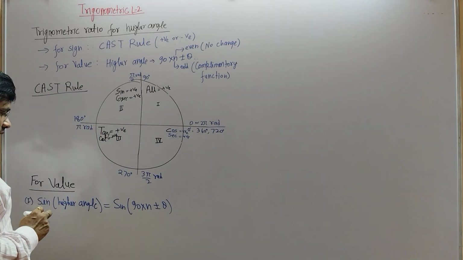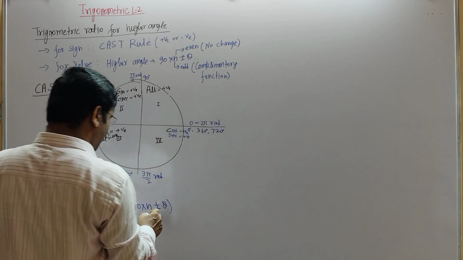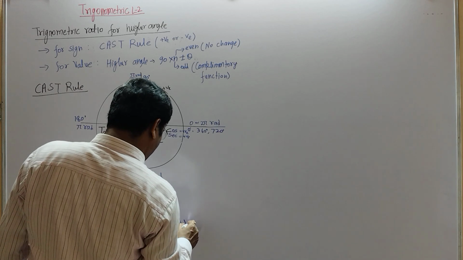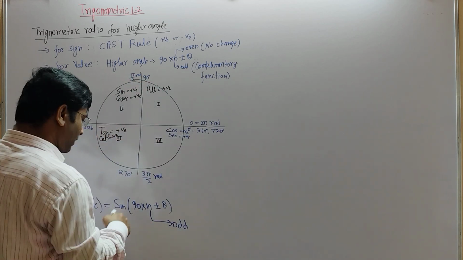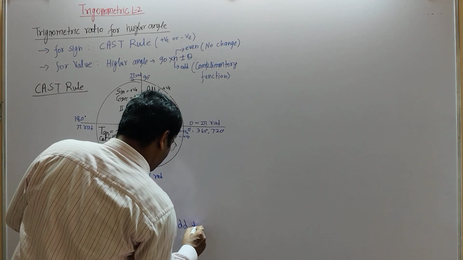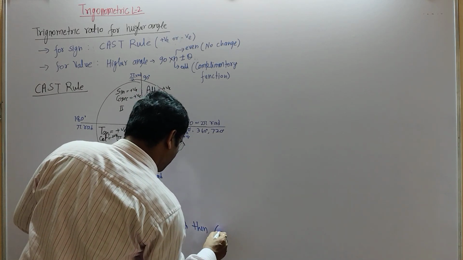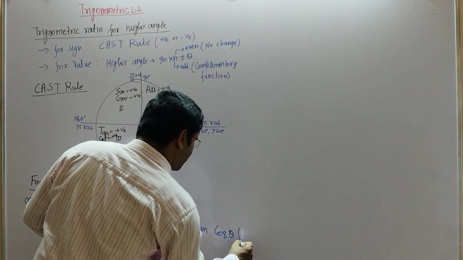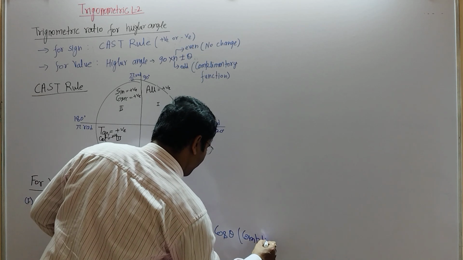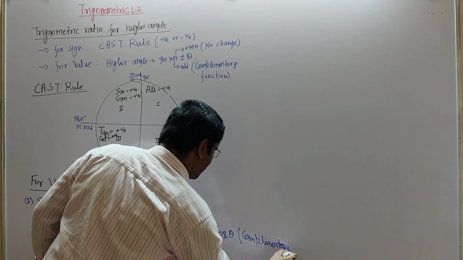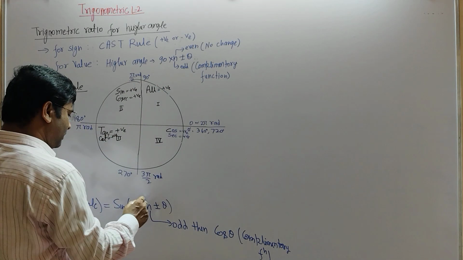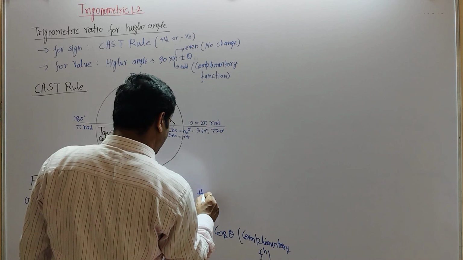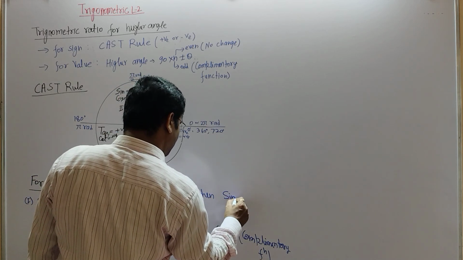If n is odd, then we convert sine into its complementary function, so it will be cos theta. If n is even, then we do not change anything, and it remains sine theta.